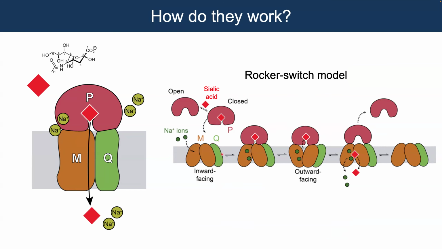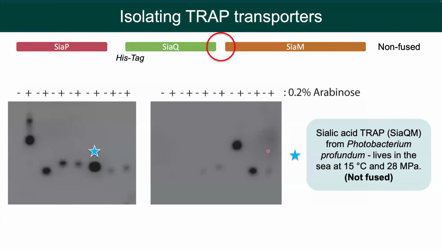We didn't really know what this Q domain in green did, but the M domain could quite possibly be functioning as a rocker switch, the difference being that you had this substrate binding protein, and this is not dissimilar to how the ABC transporters work in a way. All right, so that's where we started.